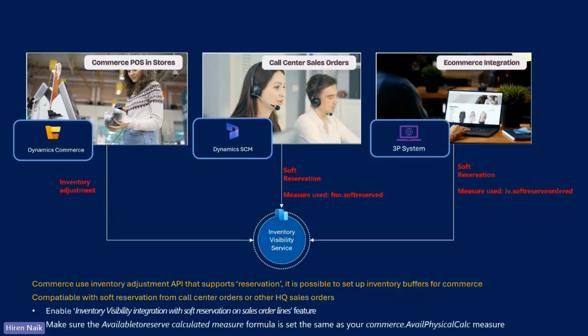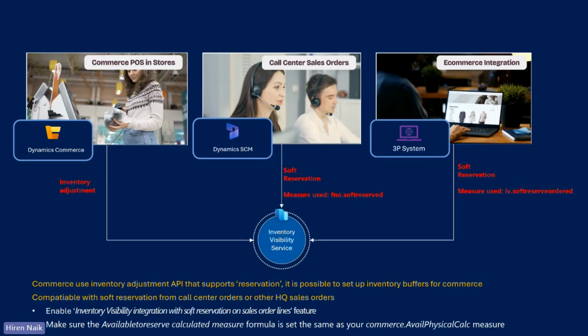This is a simple chart showing how the commerce POS, your in-store orders, call center sales orders, and, for example, your third-party e-commerce integration can all point to Inventory Visibility Service for the same source of inventory availability check and inventory update.